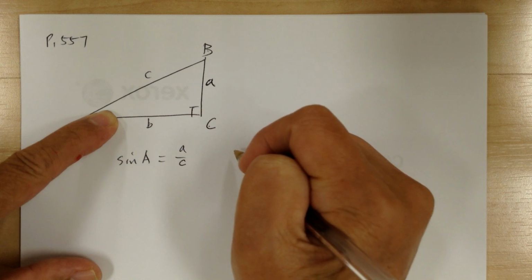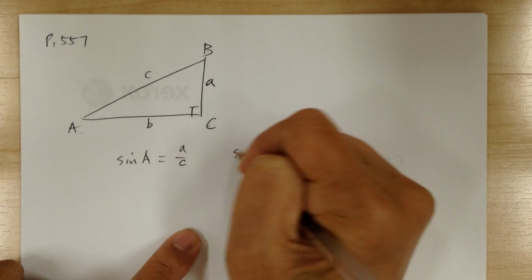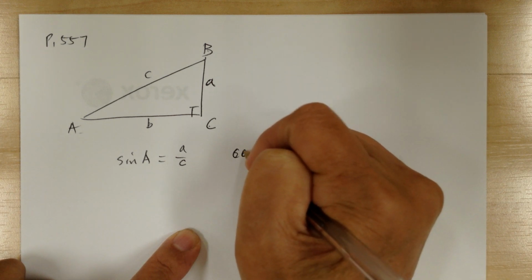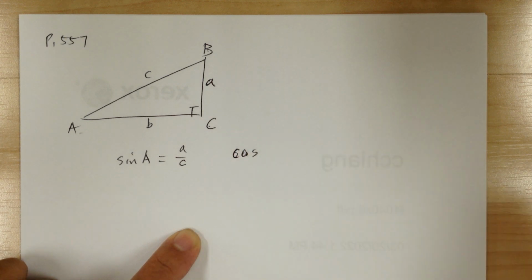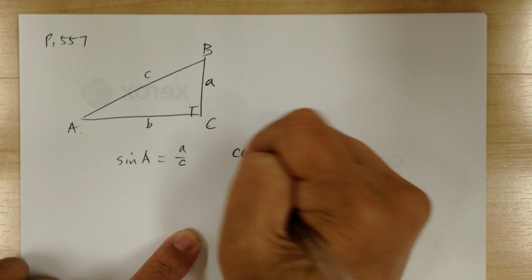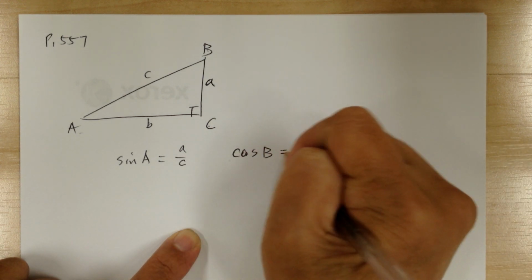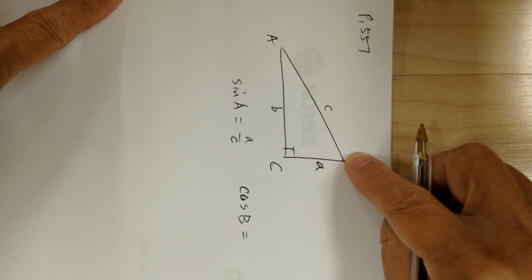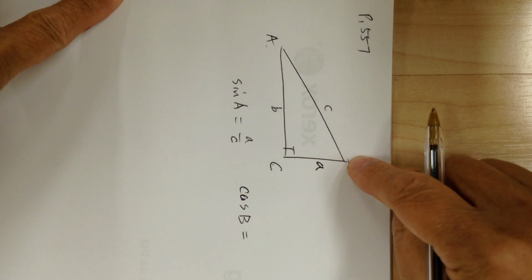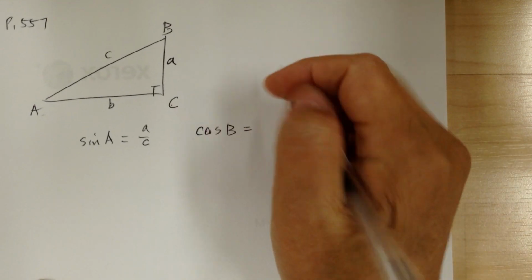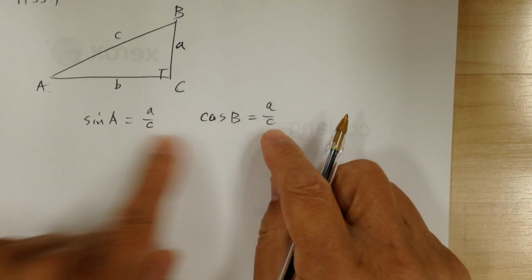Okay? And which, notice, if you have cosine of B, cosine of B means you look at this angle over here. So cosine of B, it would be adjacent over hypotenuse. So equal to A over C. Okay, and notice that's the same, right?